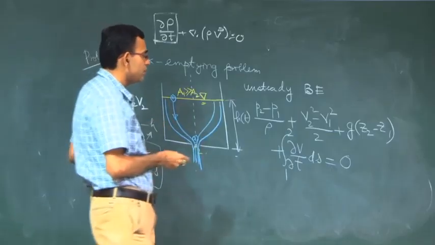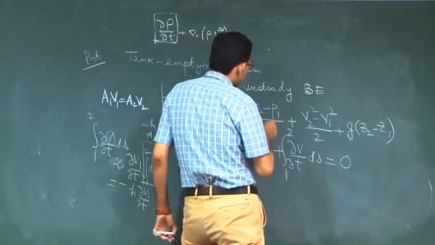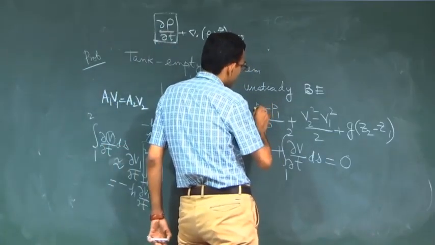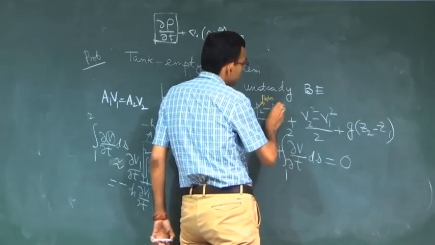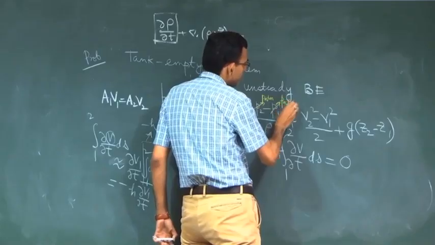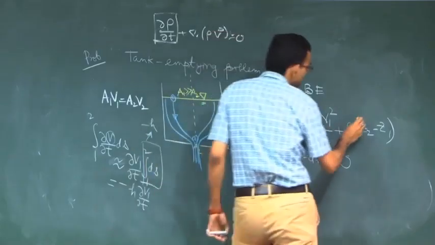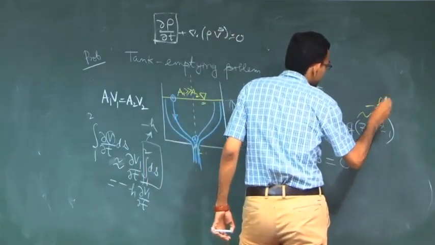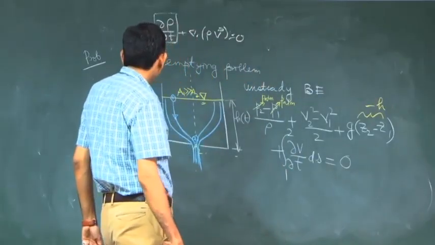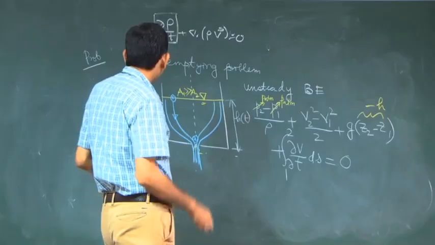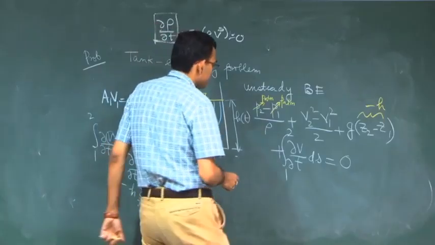now let us come to the equation. P2 and P1 both are P atmosphere, so this term is 0. Z2 minus Z1 is minus h, and V2 is A1 by A2 into V1.